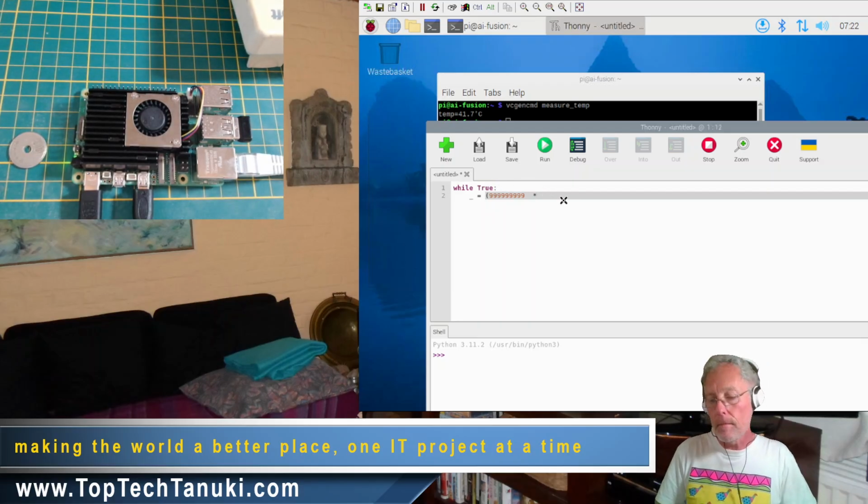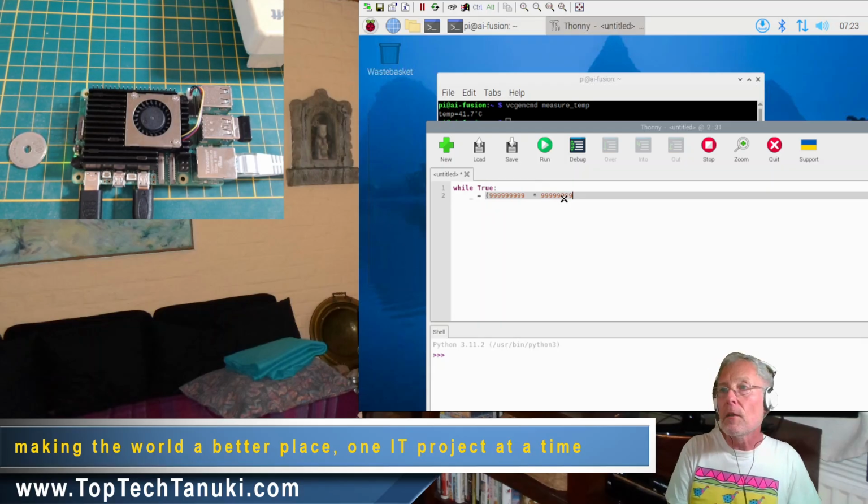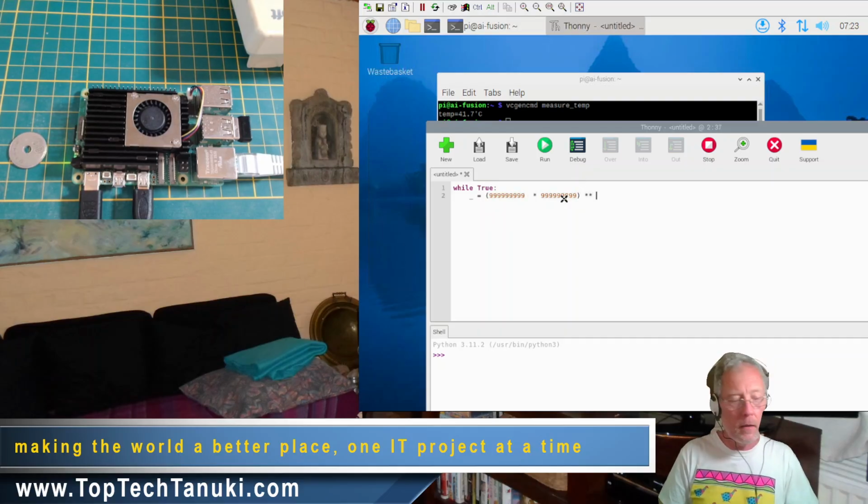Gosh, it was a little problem with my numlock here, and we do a square root by exponent 0.5.